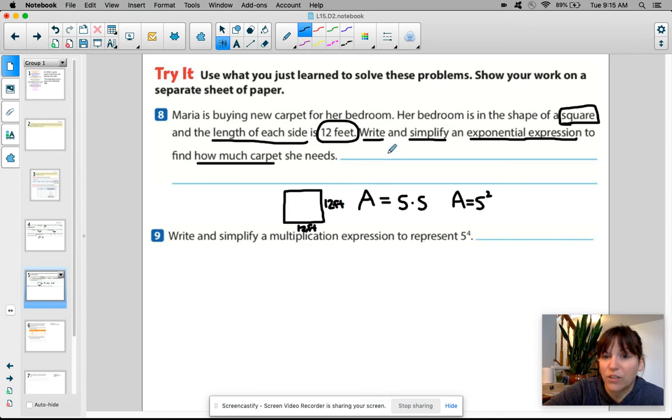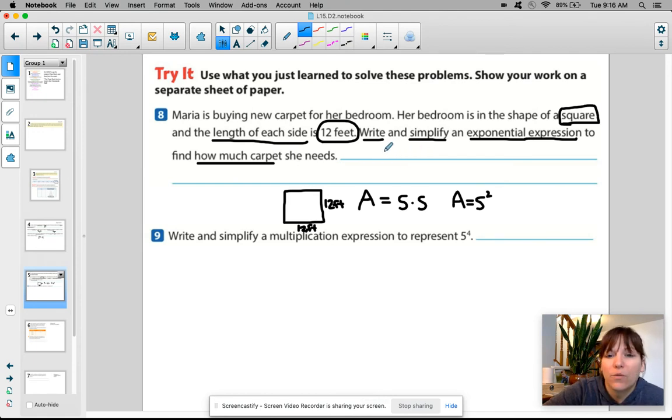So if we're asked to write and simplify, that means we have to write using exponents because it's asking specifically for an exponential expression. And then simplify just means what is the exact number once we do the math, okay?